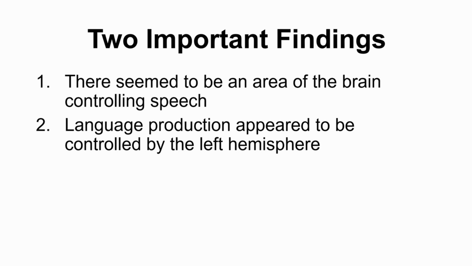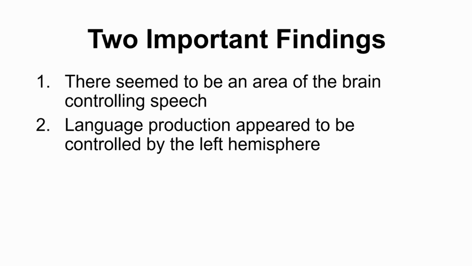And from future case studies and other experience, we've found that most people, in fact 9 out of 10 people, have what's called hemispheric lateralization of the control of language. And so when we talk about hemispheric lateralization, we're really referring to the fact that some functions, in this case language production, are mostly controlled or dominantly controlled by one hemisphere of the brain rather than the other.